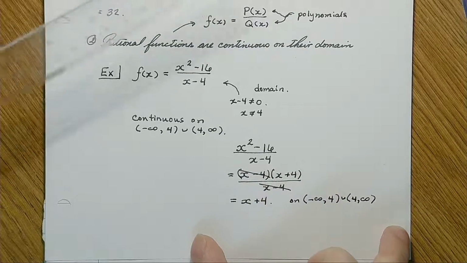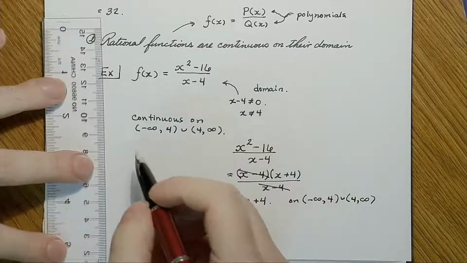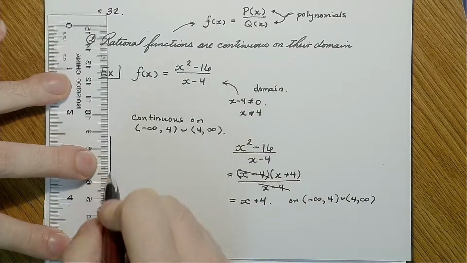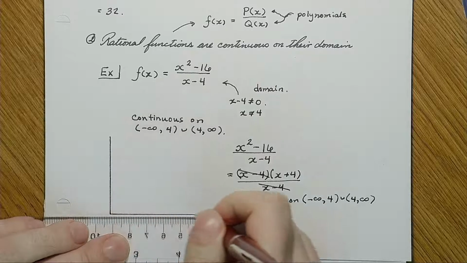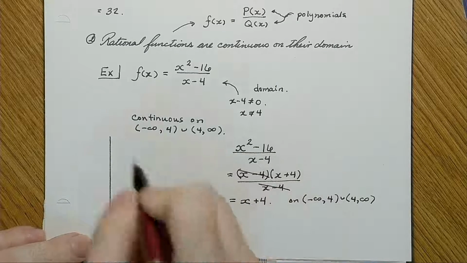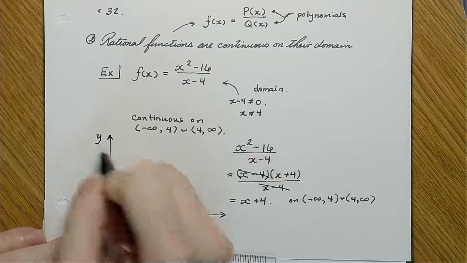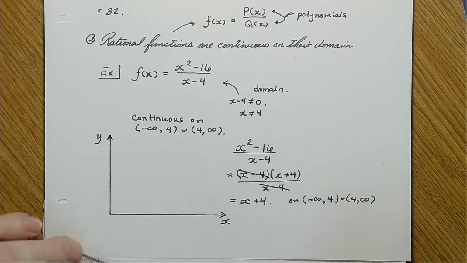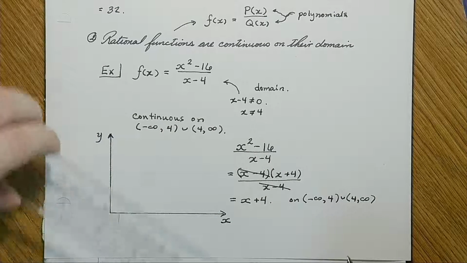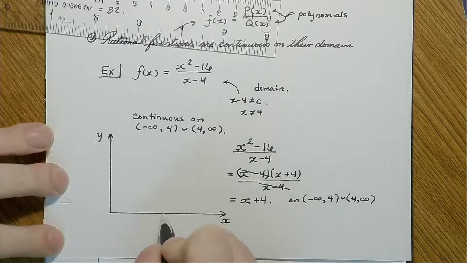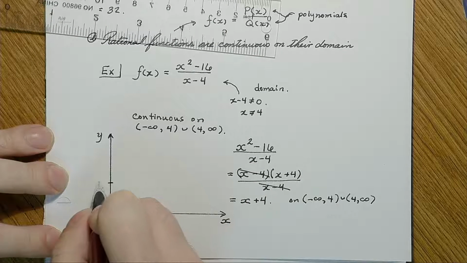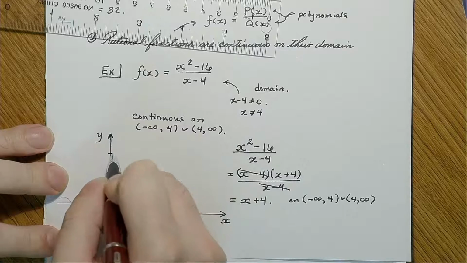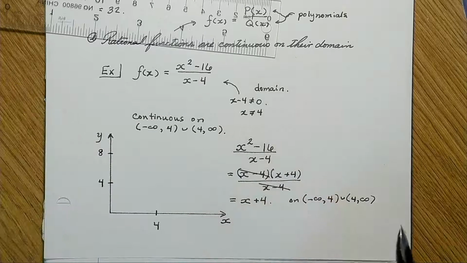So it's not defined on that, which means I am going to draw this out. So here's my x, my y axis. And let's see, I start out at 4 here, I have 4, and I have 8.